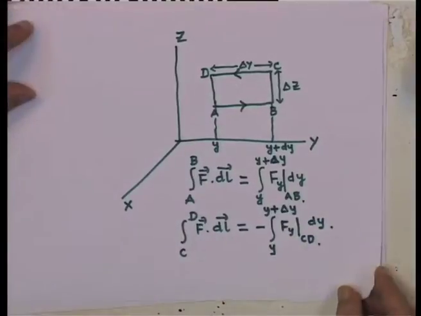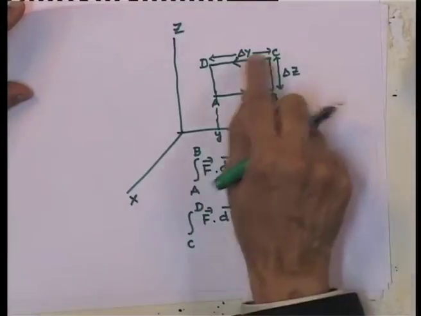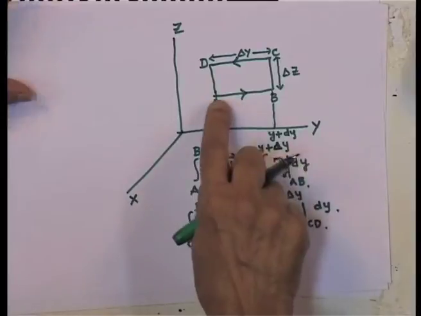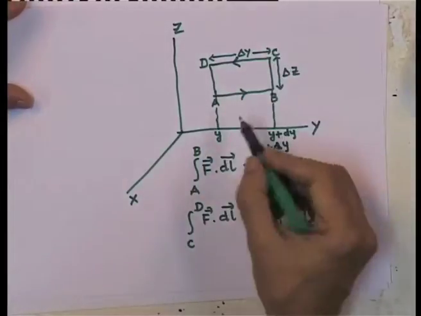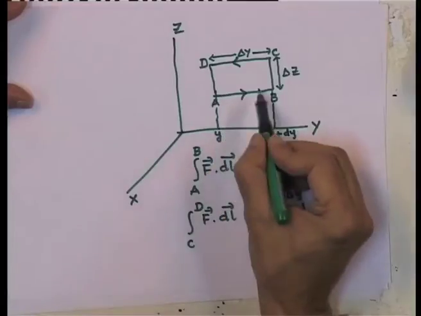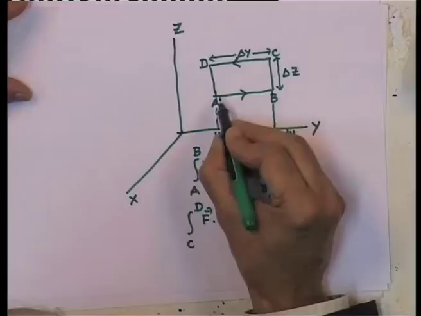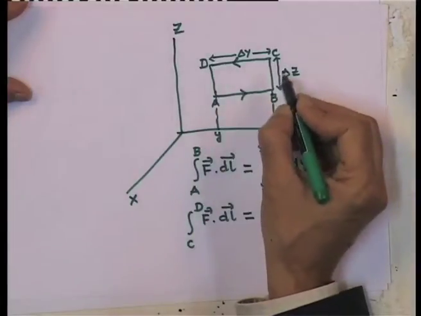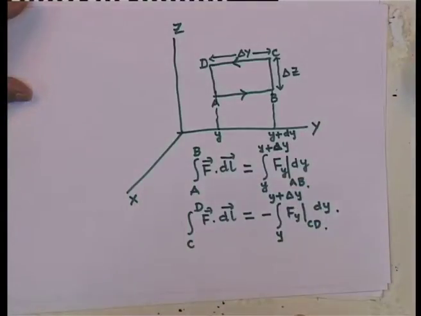Okay. How do I get the contribution from A B and C D taken together? Now, notice that A B and C D differ in their value of z. On A B I have one particular value of z, on C D I have the z different by an amount delta z.